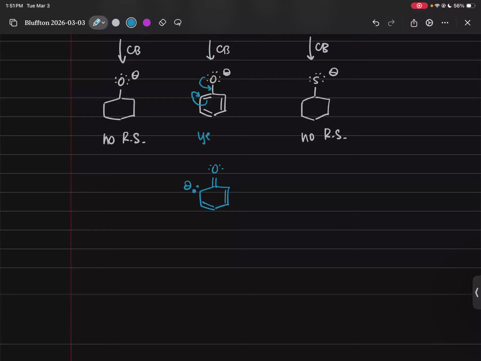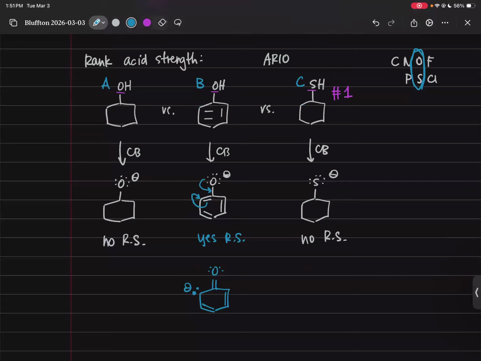And there are, yes, resonance structures. Let's see, 1, 2, 3, 4, 5, 6, including the original one. But in this case, we have at least one, and that's all we need to know. So that means that the one with the benzene ring does have resonance stabilization, and so it's second most acidic. And then that one loses, and it is the least acidic, the least strong acid.